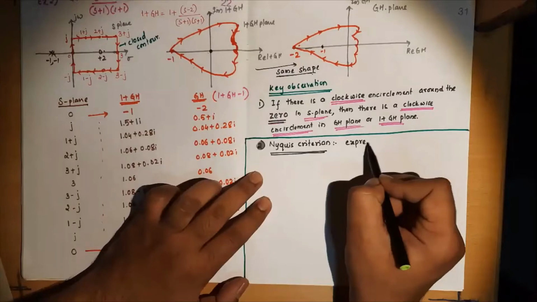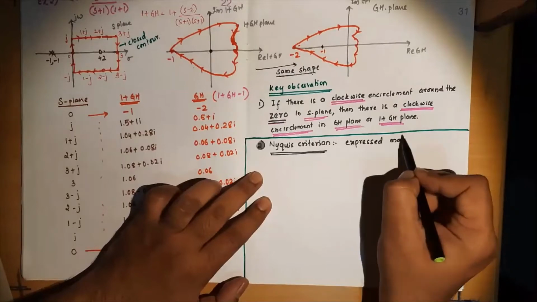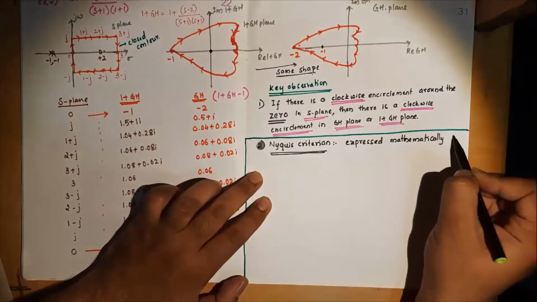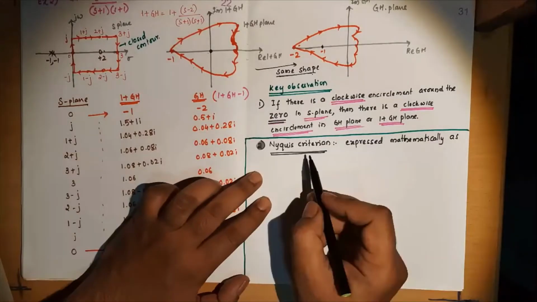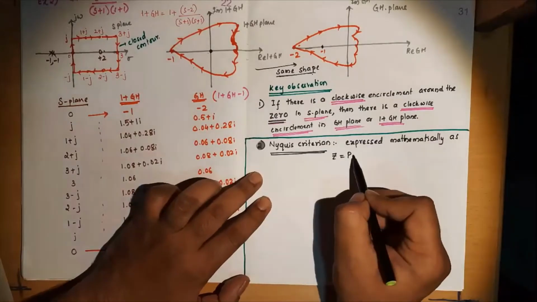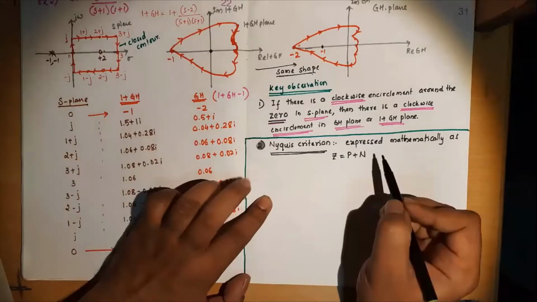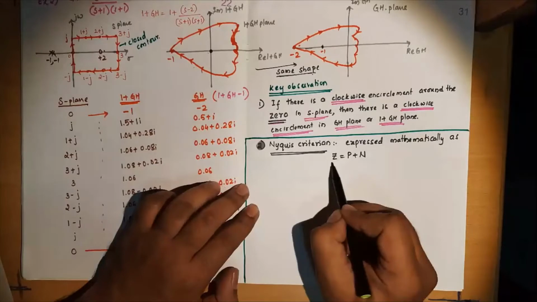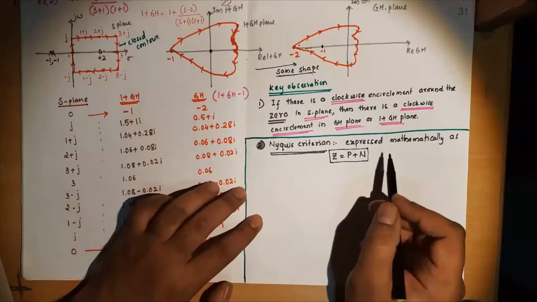It is expressed mathematically as just the equation Z equals P plus N. Nyquist criterion is over. So what are Z, P and N?